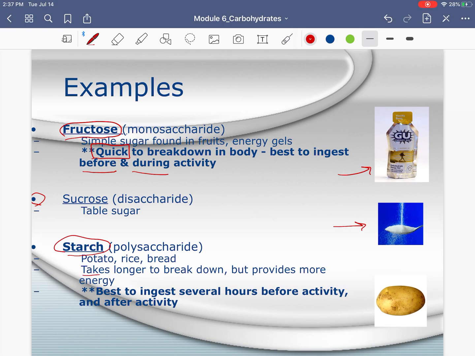This is going to take longer to break down than the fructose, but once we do break it down, it gives us more energy, a little bit more robust, because of course it's more complex, it's got more sugars. This would be best to ingest several hours before or after.